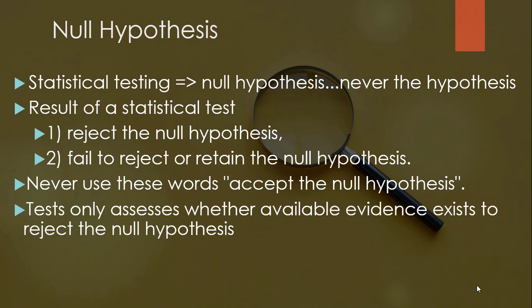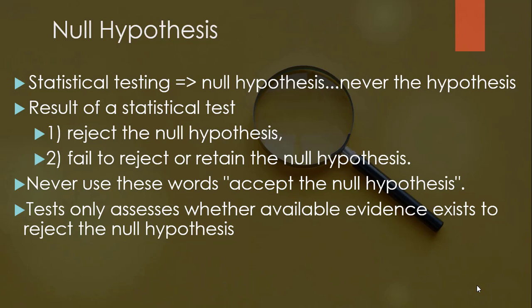So remember, I've seen this in some literature, and it is a very bad practice. We do not say we are accepting the null hypothesis. Never say accept. We either reject or we retain. Because in science, there is evolution of knowledge.